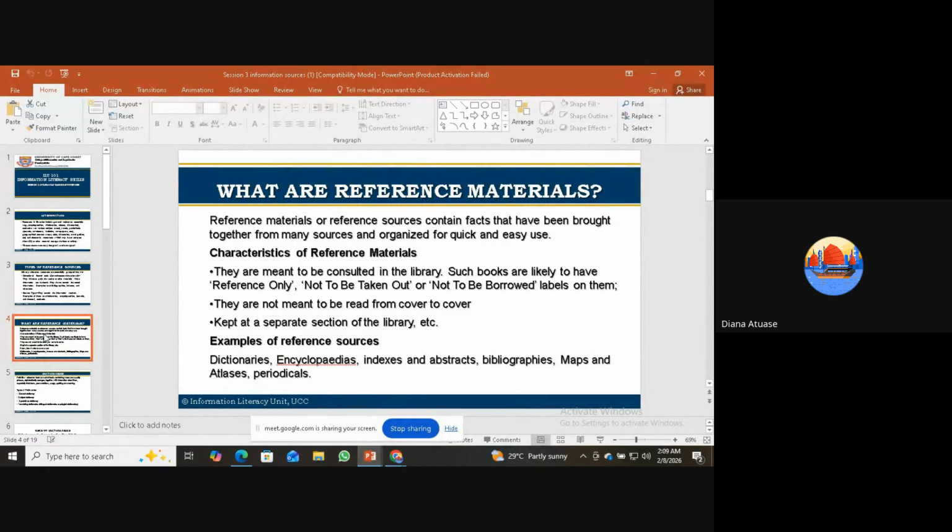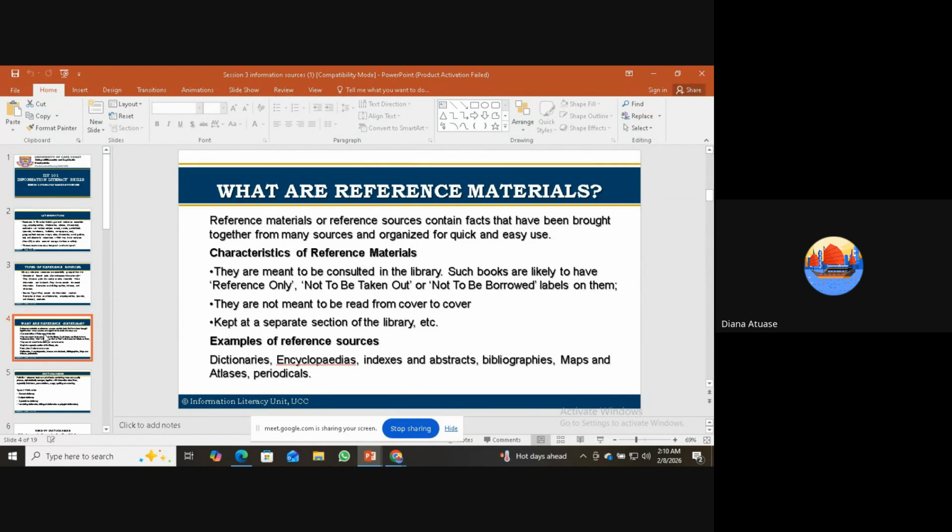Then there are also reference materials that can be found online. So they are in electronic form and serve the same purpose. There are some that are in print, and some that are in electronic format. You can even download them. These days, that's what we do. We go to Google and download these reference materials, and sometimes you just make reference to them.